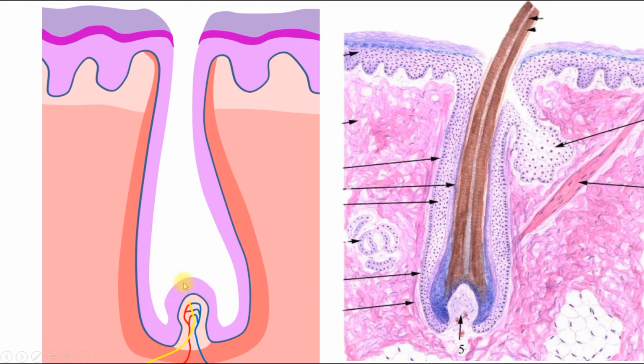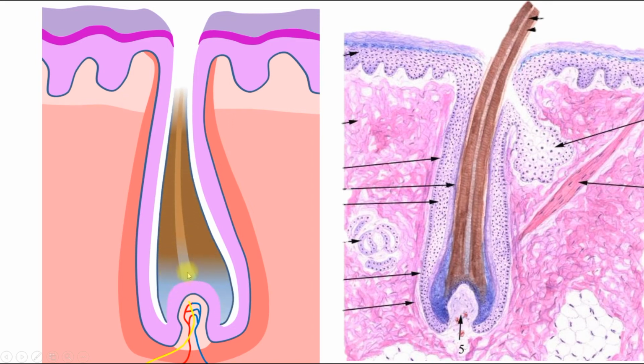And this region above the papilla contains growth layers of the epidermis, stratum basale and stratum spinosum. This region is known as the hair matrix, and hair begins to grow from the hair matrix, and here we can see the growth of the hair.